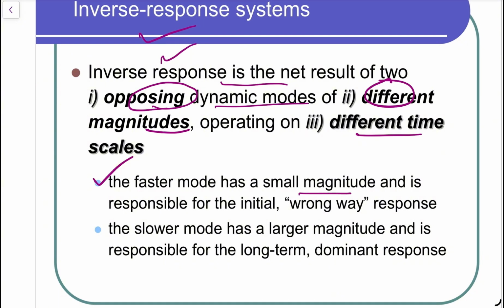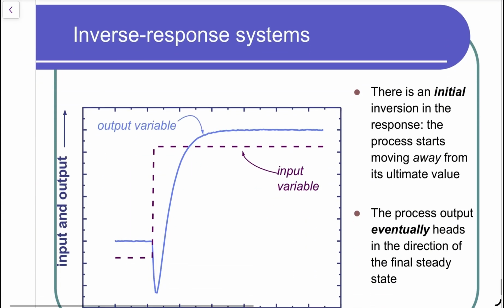Since it reacts quickly, it dominates at the beginning and causes the initial movement in the wrong direction. The second mode is usually the slow mode with large magnitude. So it takes more time to develop, but finally it dominates and pushes the output towards the correct steady state value.